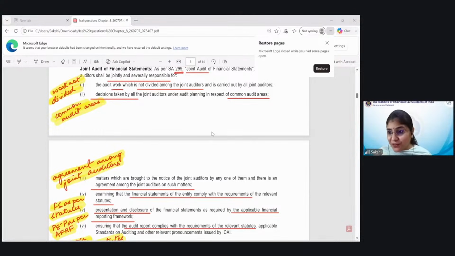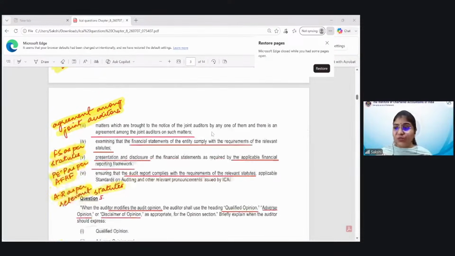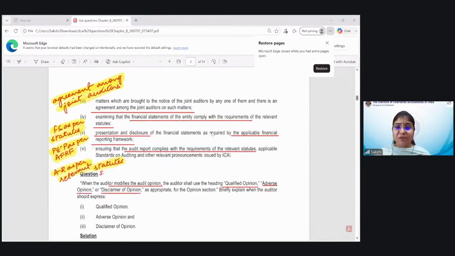For common audit areas, where decisions are taken by all the auditors under audit planning in respect of common audit areas, they say, okay, we are responsible jointly for this. Then if there was some agreement among the auditors that we are going to proceed this way, then matters which are brought to the notice of the joint auditors by one of them, and there is an agreement among the joint auditors on such matters.